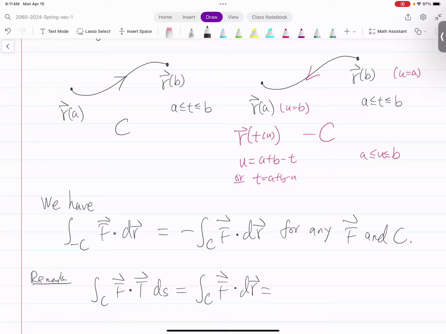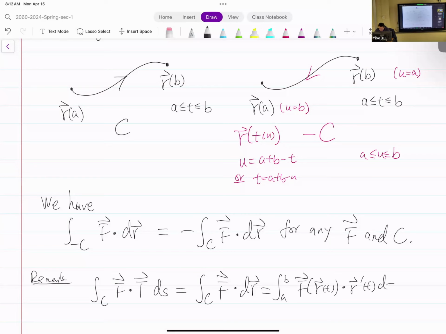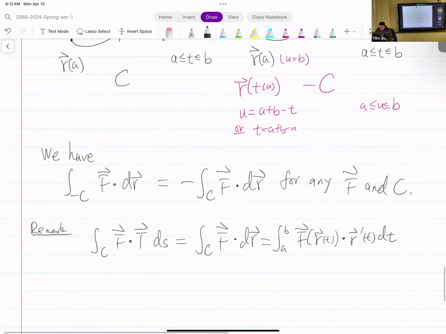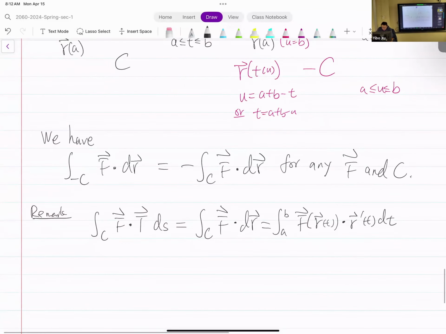And we further know the way that we calculate this line integral, which is the definite integral from a to b of F, so basically, we just utilize parameter t. So this is the evaluation along the curve, dotted with r prime dt. Okay, so writing down the differential explicitly.